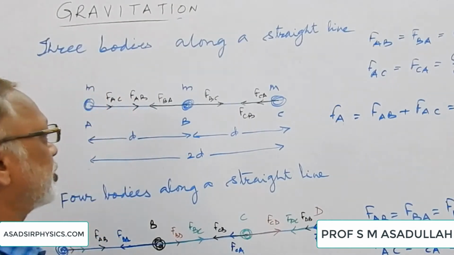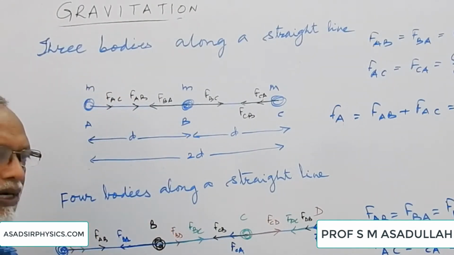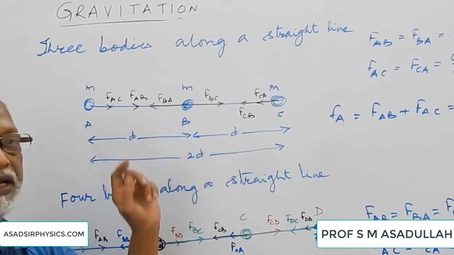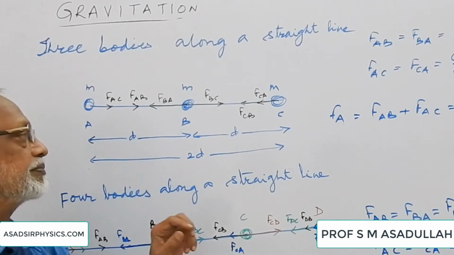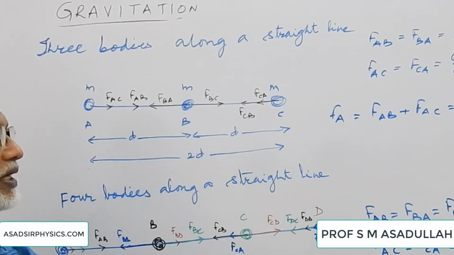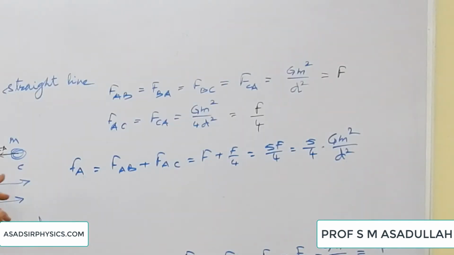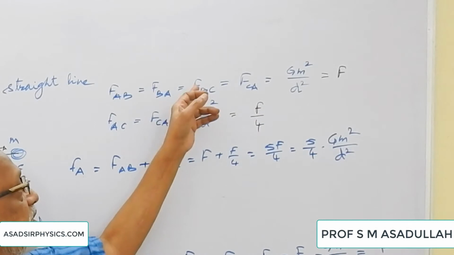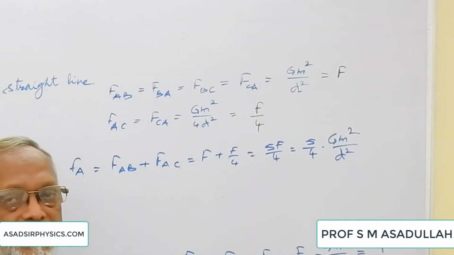Now let us consider body B. On this one there are two forces, one due to A, FBA, force on B due to A, another due to C, force on B due to C. FBA is equal to G m square by d square. FBC is also equal to G m square by d square.